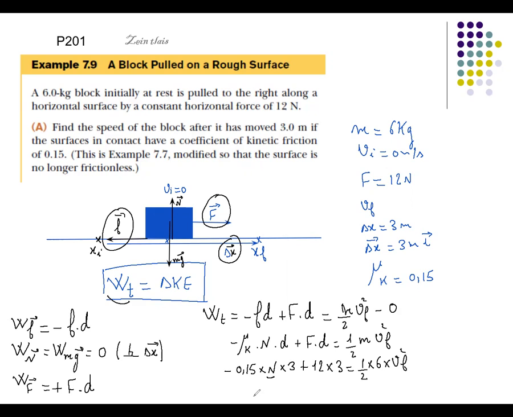We have to calculate N. To calculate N, you have to do the projection along y prime y. Along y prime y, we have N in the positive direction minus mg equals 0 because we don't have motion in the y direction.